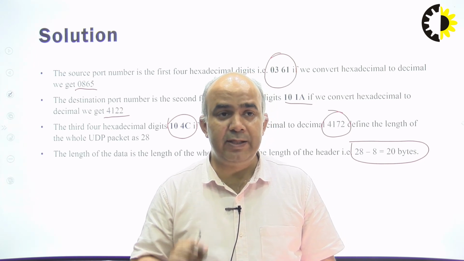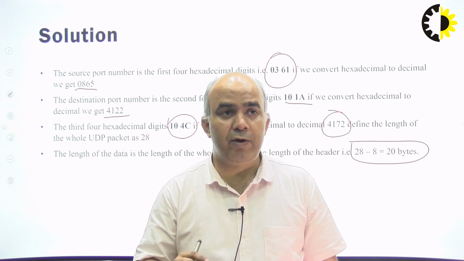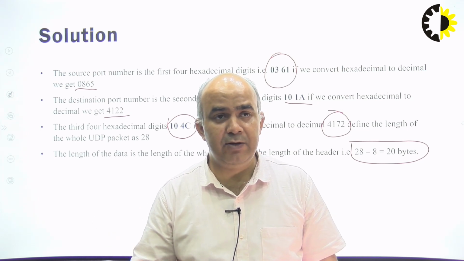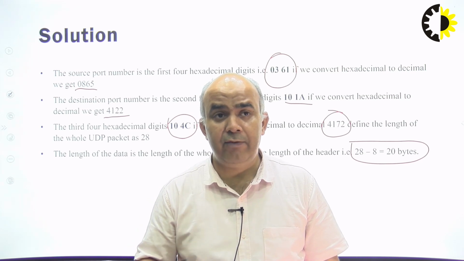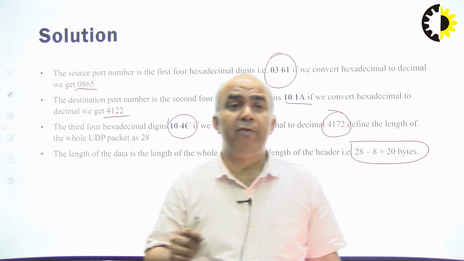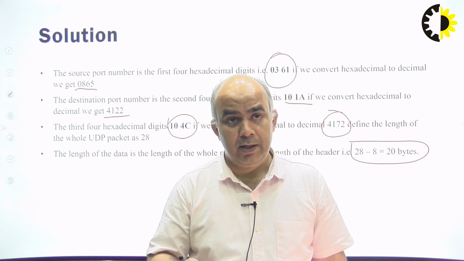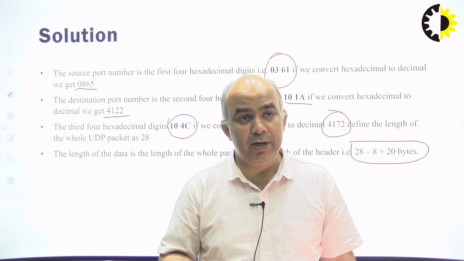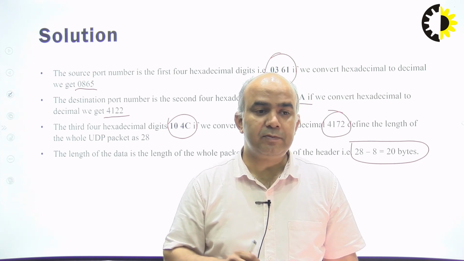But one thing has to be clear: in UDP, we have to convert hexadecimal into decimal values. But in the case of TCP, where we have the flags, we have to convert the flag value into binary. Apart from that, the rest has to be converted into decimal values.